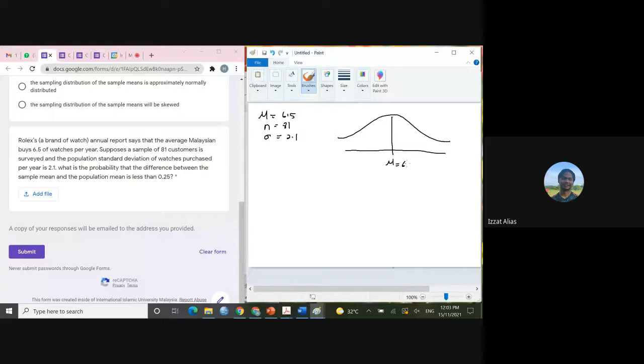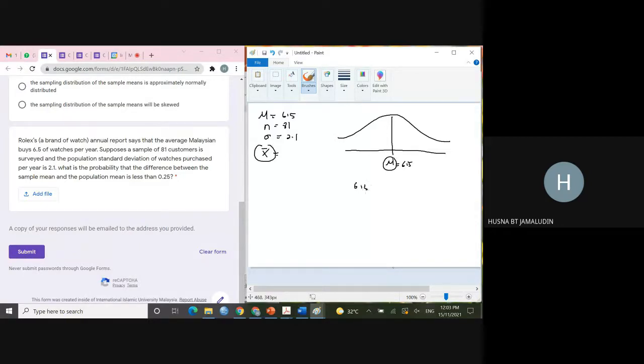You want to find out the difference between the sample mean, the X bar, and the population mean, the mu, is 0.25. The difference between this and this is 0.25.